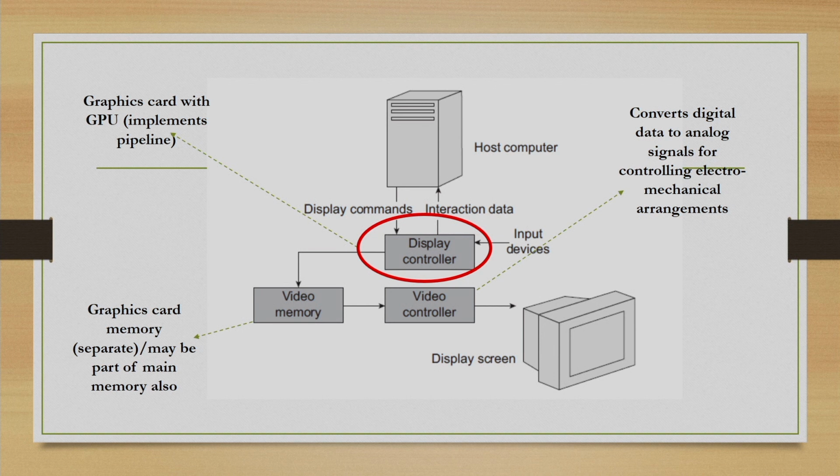This graphics system architecture consists of three major components. One is the display controller as shown here. Then we have video memory, and finally we have video controller. And these three components are used to synthesize an image.